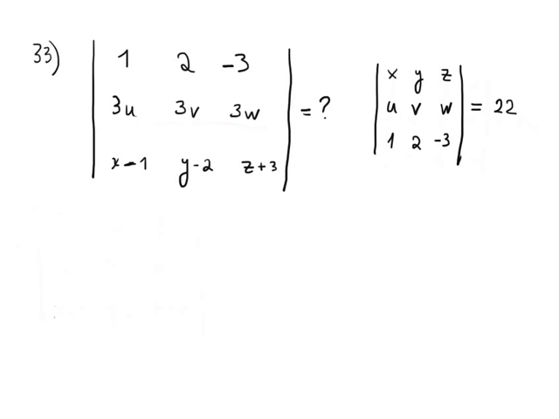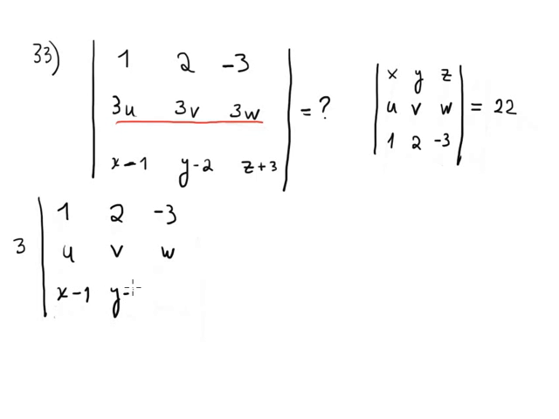Look, I saw, for example, in the second row we have common factor 3. I factor out 3 outside. Remember the property of the determinant: if any row or any column of the determinant is multiplied by a number, the value of the entire determinant is multiplied by the same number.